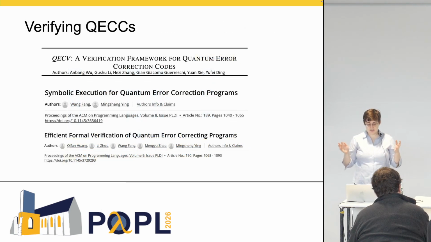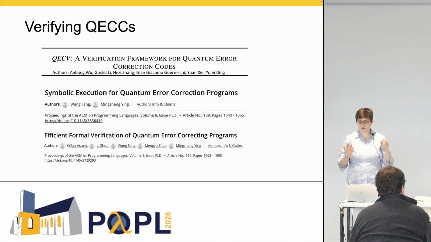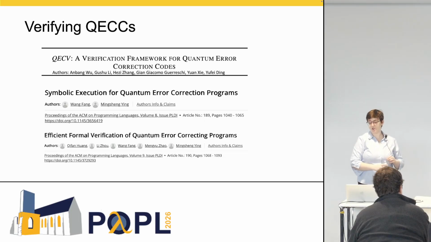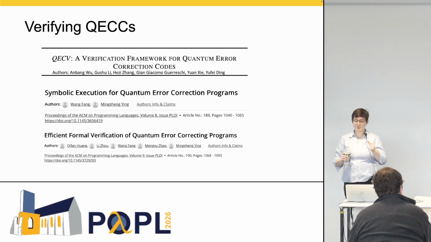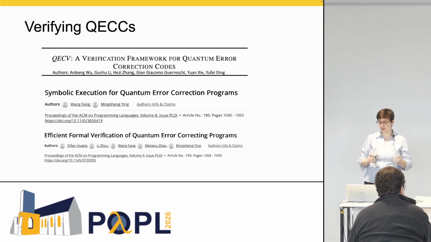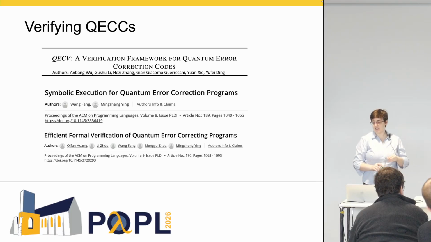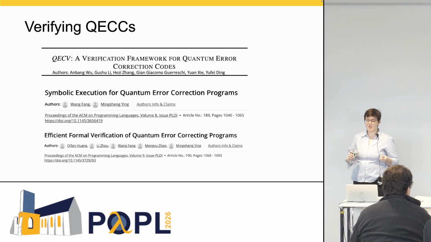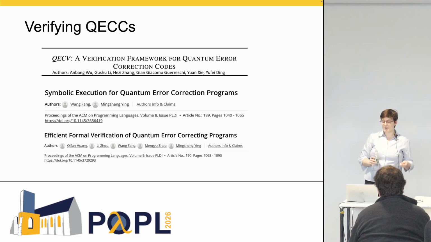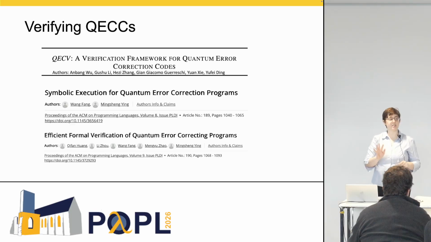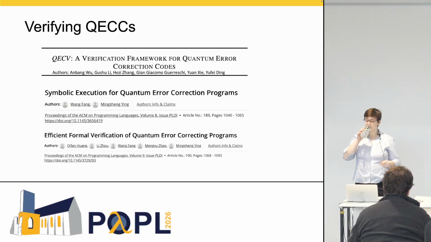In the last few years, we've seen some really interesting efforts towards verifying quantum error correction codes using automated techniques like SMT solvers and symbolic execution. And this has been quite successful, I think, in large part because many quantum error correction codes are built out of a well-behaved subset of quantum operations called the stabilizer formalism.